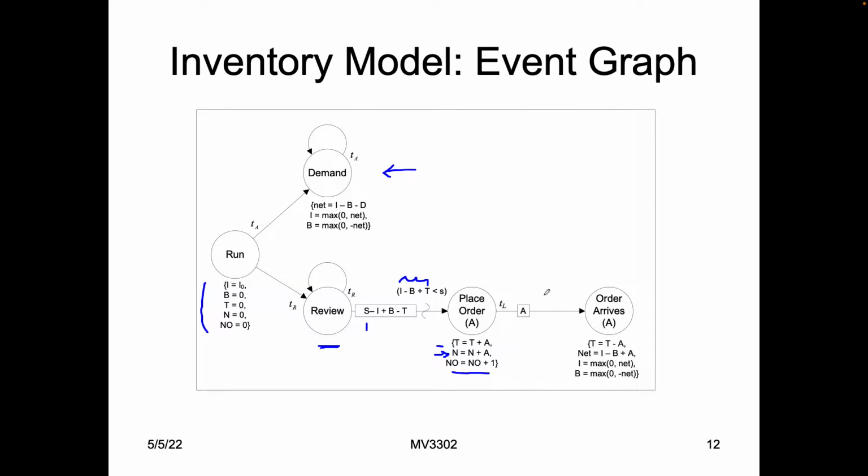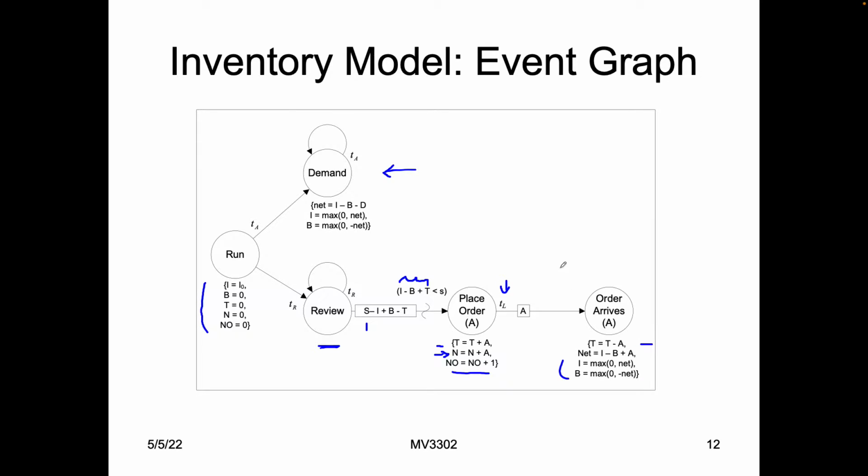Finally, I schedule the order arrives event, passing that value with a delay of my lead time. When that order arrives, what is the state transition? The total amount on order is decreased by the amount that was there. Again, I do the same calculation with the net, except now my net inventory position is increased by the amount that's been received, and then I update my amount on hand and my back order by the same amount.